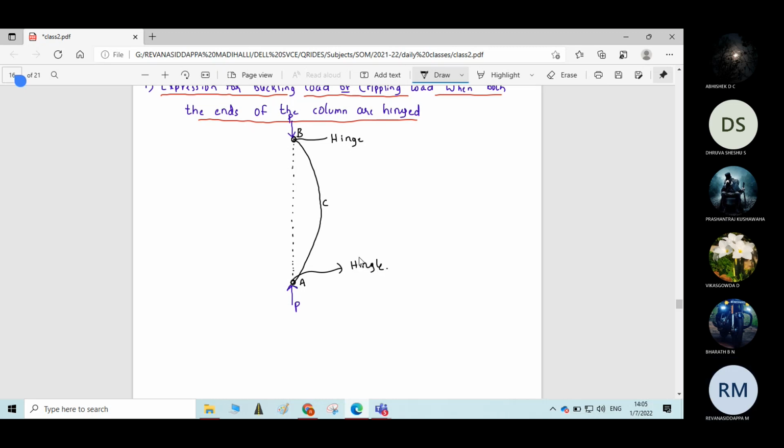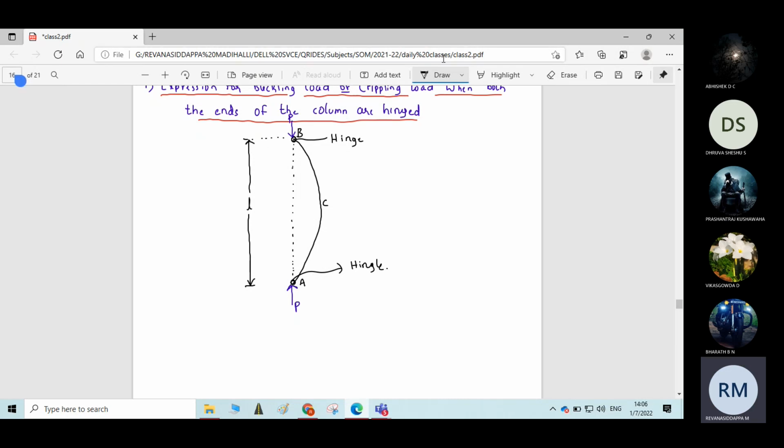Let L be the original length of the column. L is the length of the column.